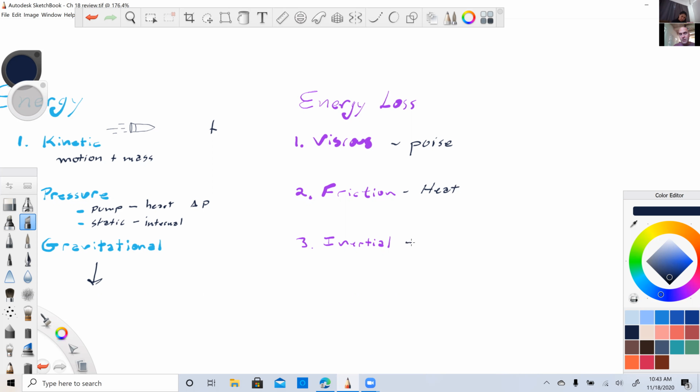And then there's inertial, and that's something we're going to swing back around to again. That is a change in velocity. Speed up, slow down, phasic, multiphasic, pulsatile flow.